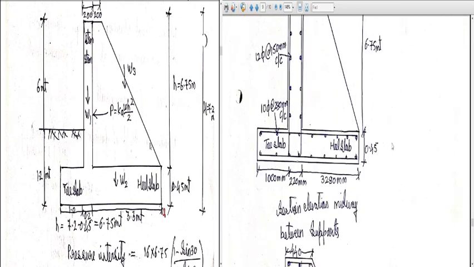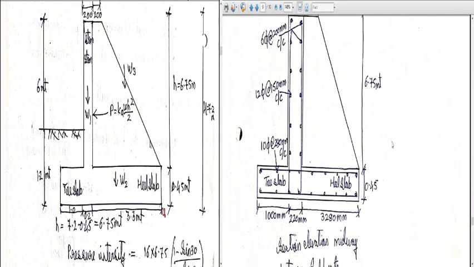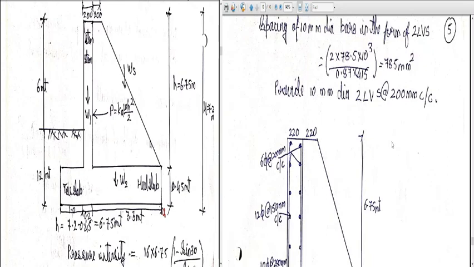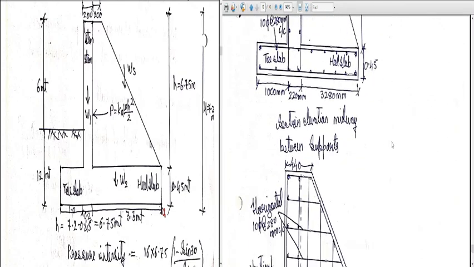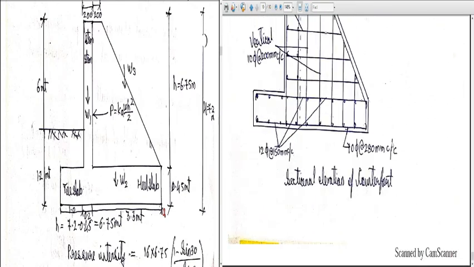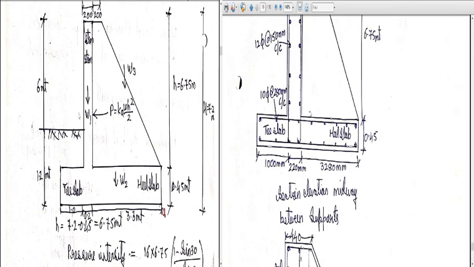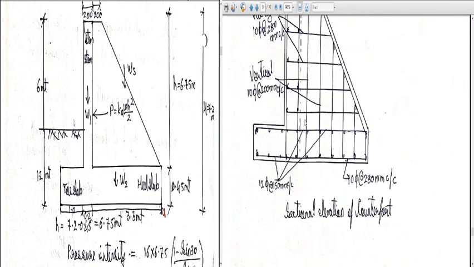So this is how the section looks midway between the supports, as well as the sectional elevation at the counterfort. These diagram details we'll see in the next class.